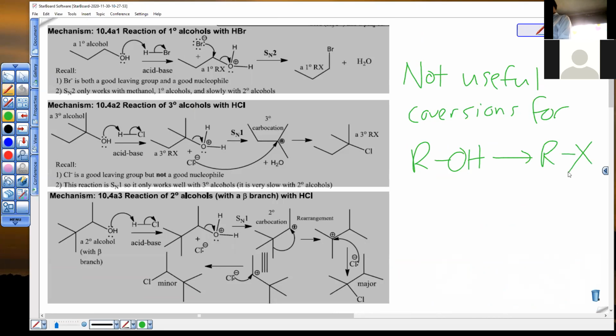I mean, they're here. You see them. They look fine. So look, I made an R with a bromine on it. Well, in this one, you'd also get pretty substantial amounts of this. Nope, not OH.